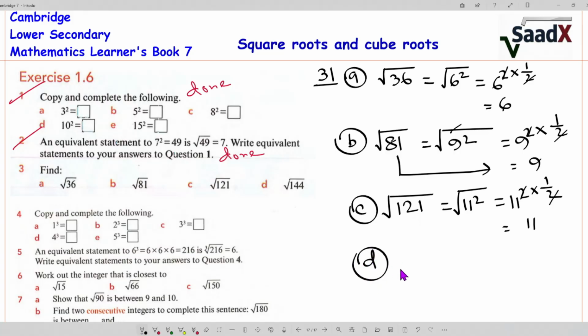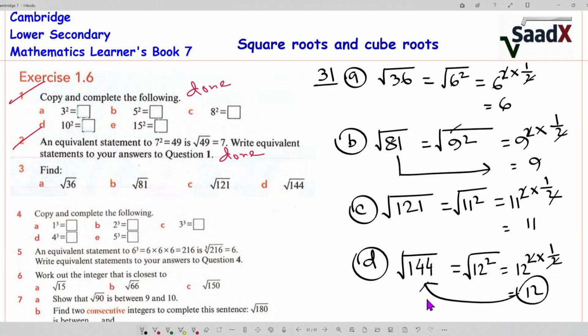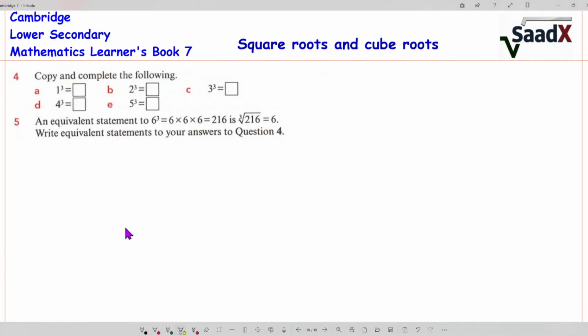Number D, root 144. We can write 12 squared, then 12 squared times 1 by 2, 2 and 2 cancel out, so here is 12. 12 is a square root of 144. So number 3 done.